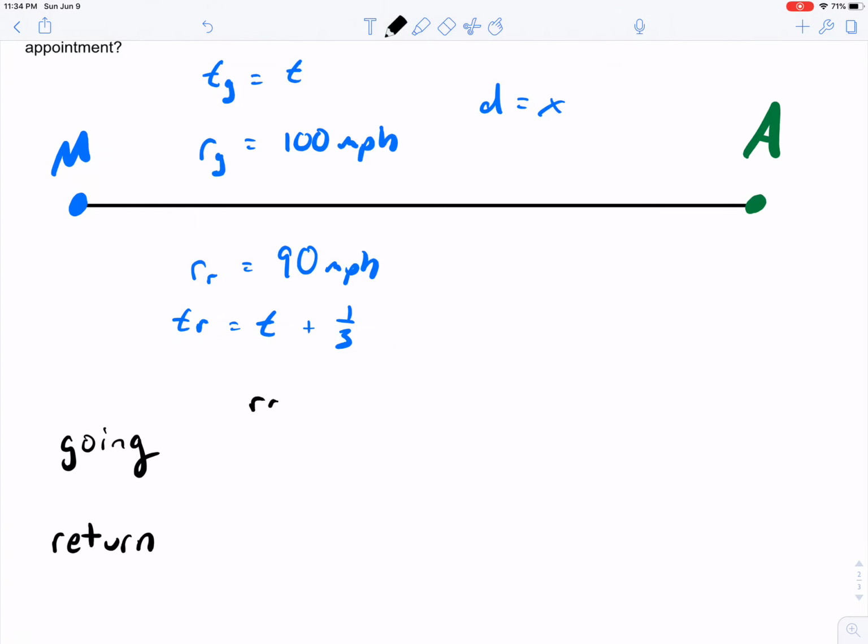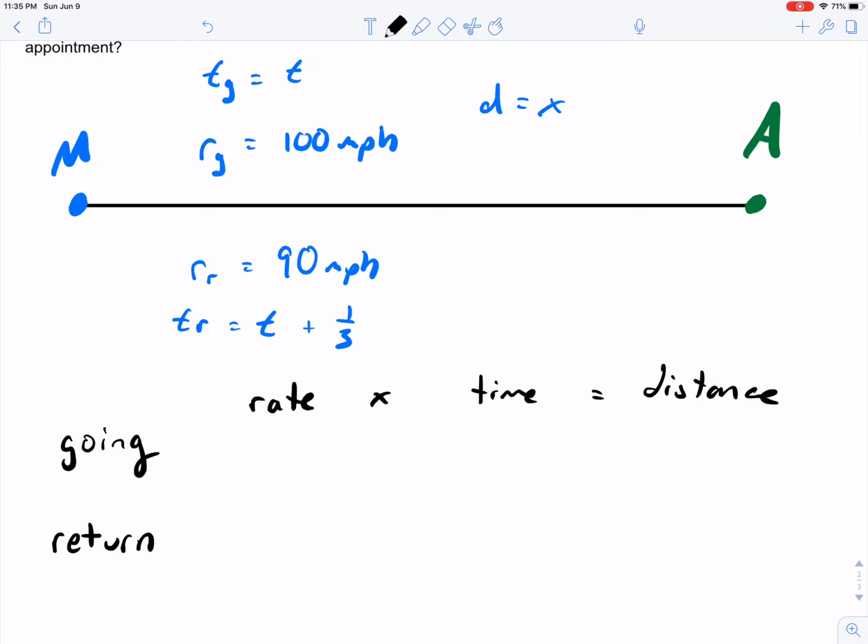So then we have what? Rate times time equals distance. Even though they want us to solve for her distance, well, we can do that. That's fine. We can keep going with what we have.